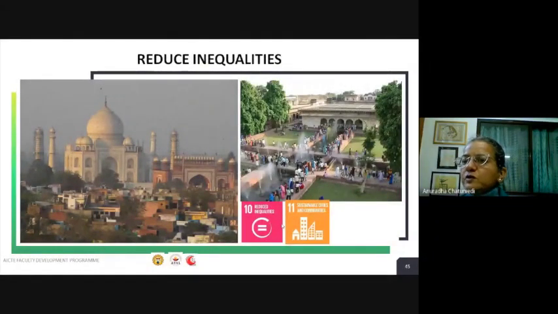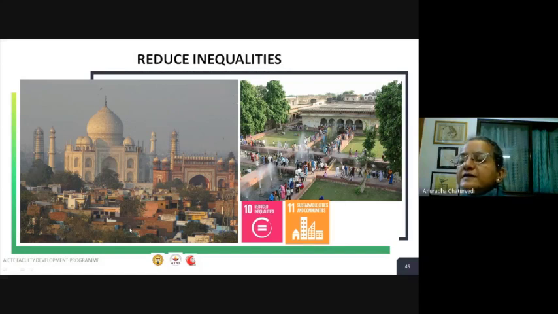So, two of the important SDGs, which are SDG 10, related to reduction of inequalities, and SDG 11, related to sustainable cities and communities, are illustrated in this particular slide, where on the left you can see the contrast between the environmental conditions and the problems with lack of integrated planning for a historic area in the close vicinity of one of the most globally significant monuments in the world.